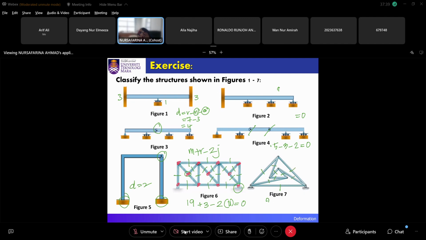So 9 plus reaction is 3, this is pin, roller, pin. Minus 2 joints, 1, 2, 3, 4, 5, 6. So 0. Alright, good.